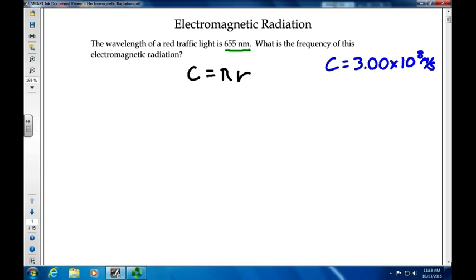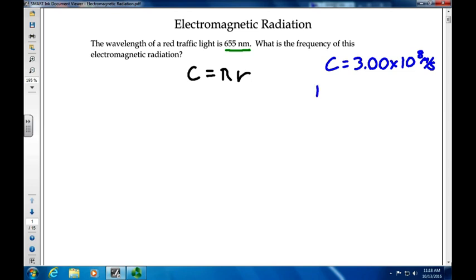You can convert either one, either c or lambda, to either meters or nanometers. So I'm going to choose to convert lambda into meters. It's a relatively simple calculation.